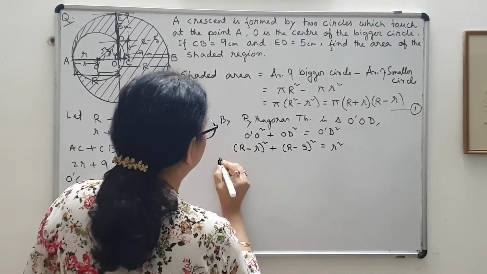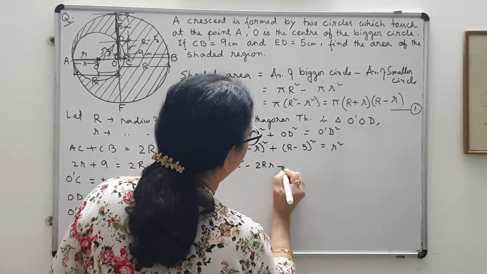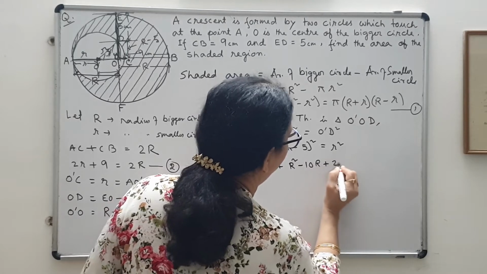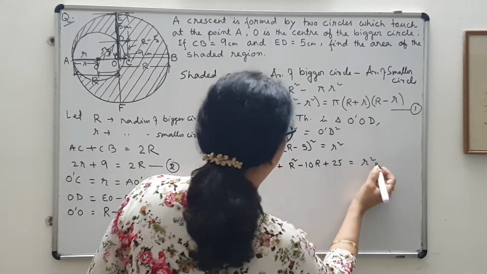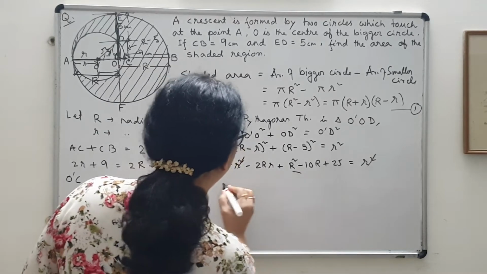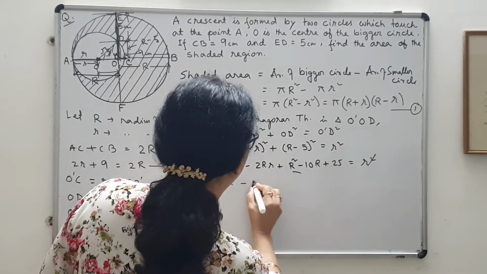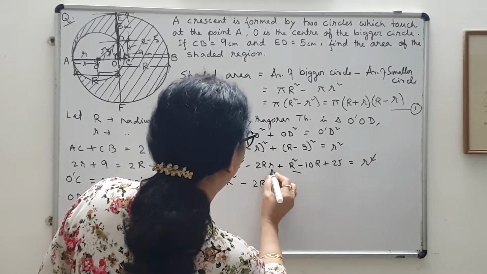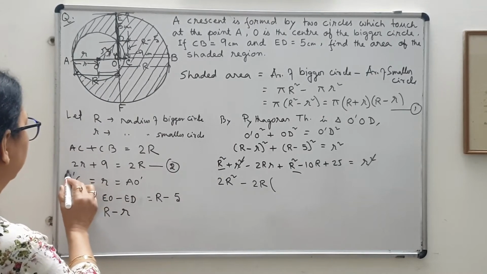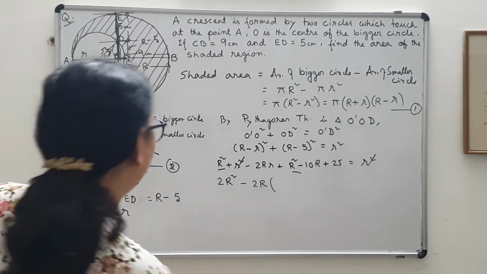So by identity, you know these things, how very easy. This R square is getting cancelled, right? Now R square plus R square is 2R square, then minus 2R, and what will I do? Or I can do one interesting thing.